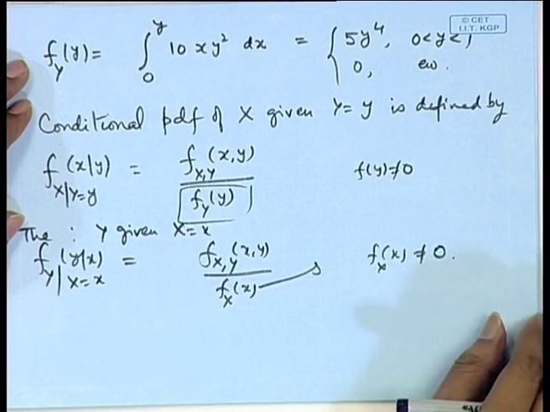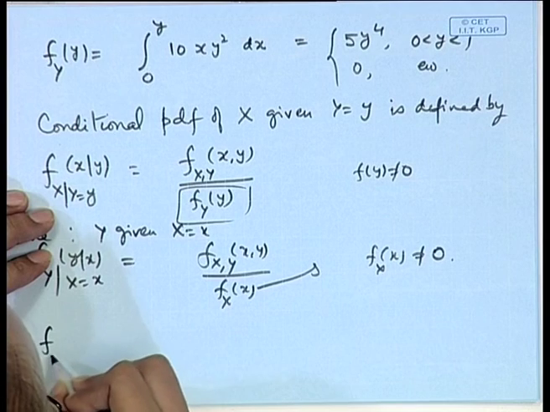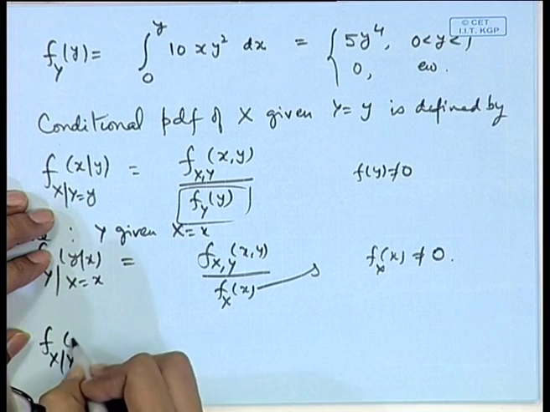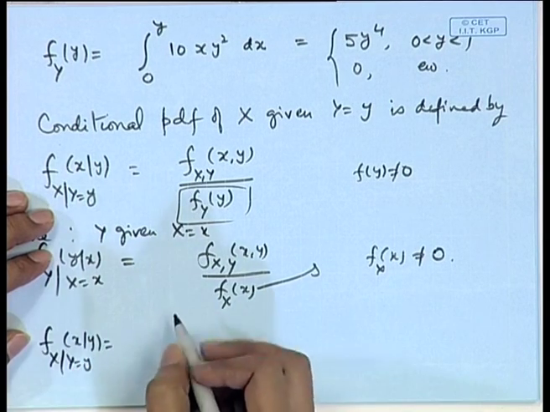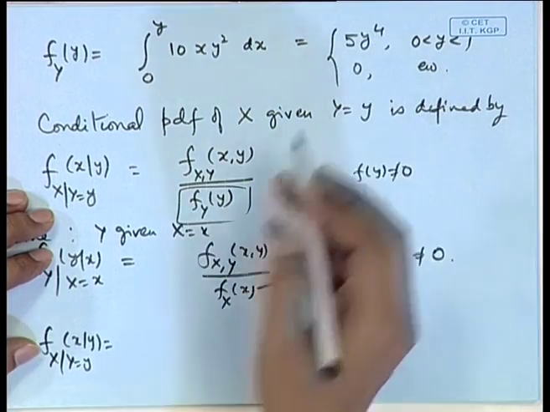So, in this problem we can talk about the conditional distribution of x given y. The marginal distribution is 5 y to the power 4.